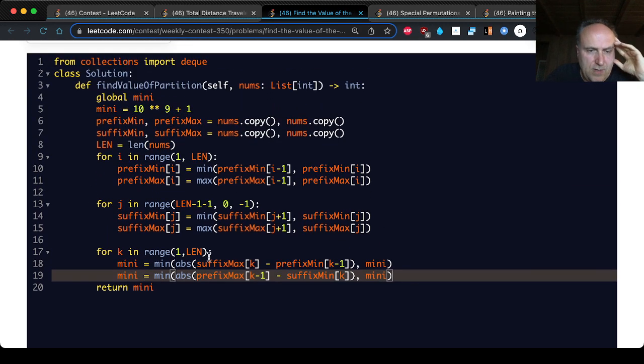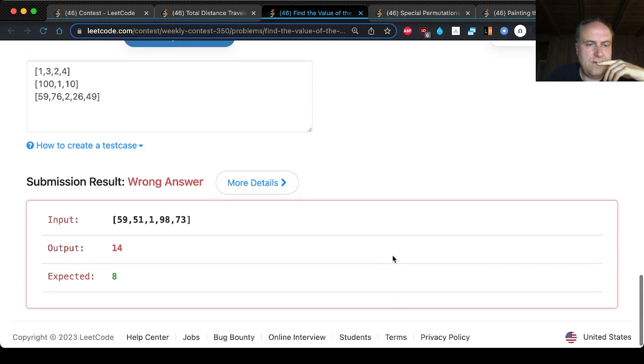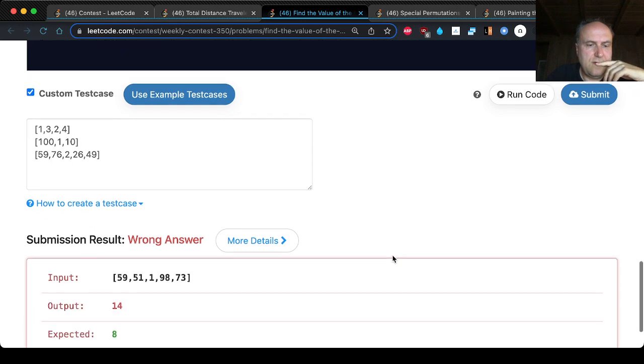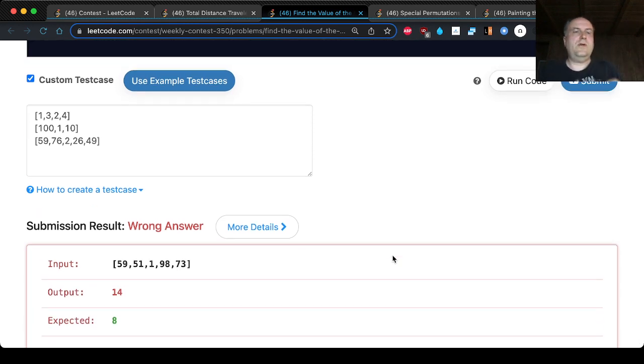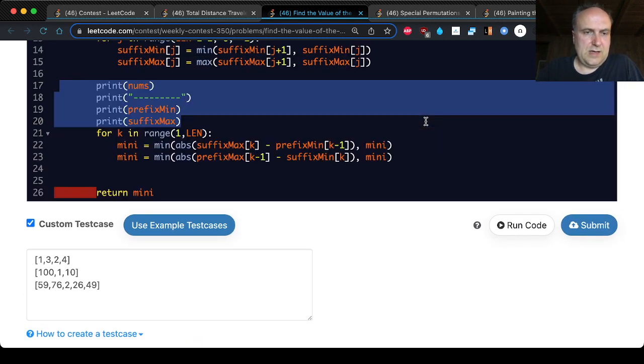Okay, so I don't know why. Yeah, I messed up here. Anyway, let's take this one, one more. Okay, so let's put my debug code back.